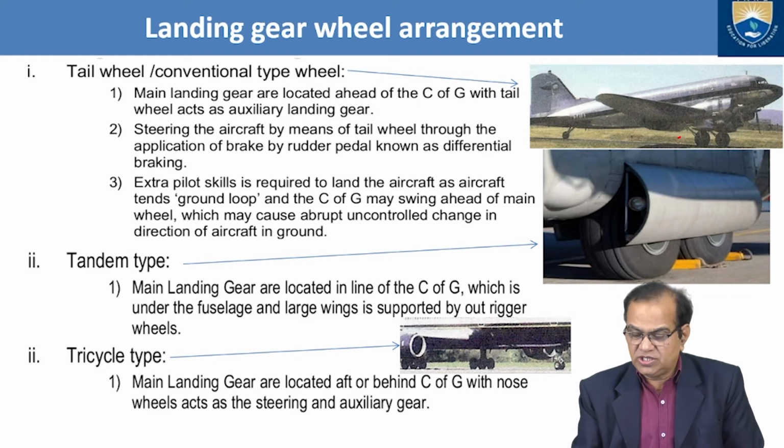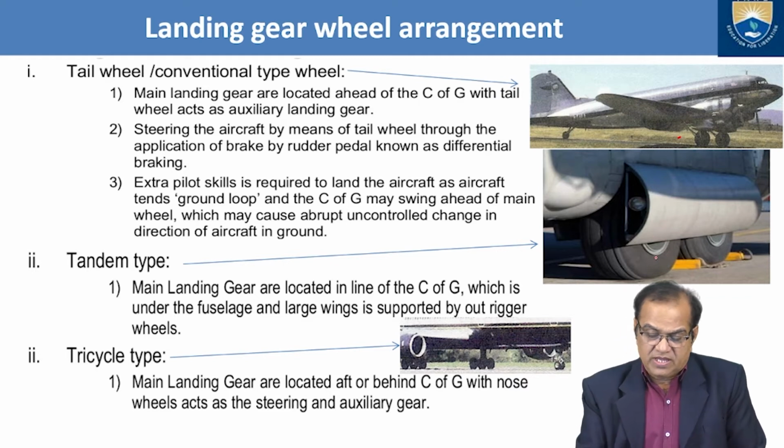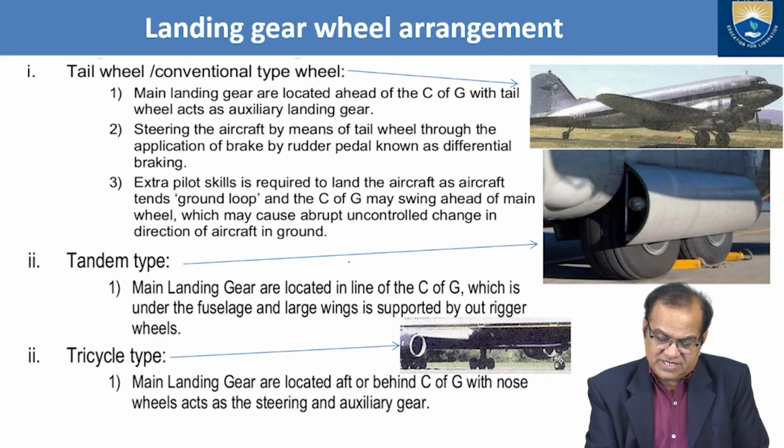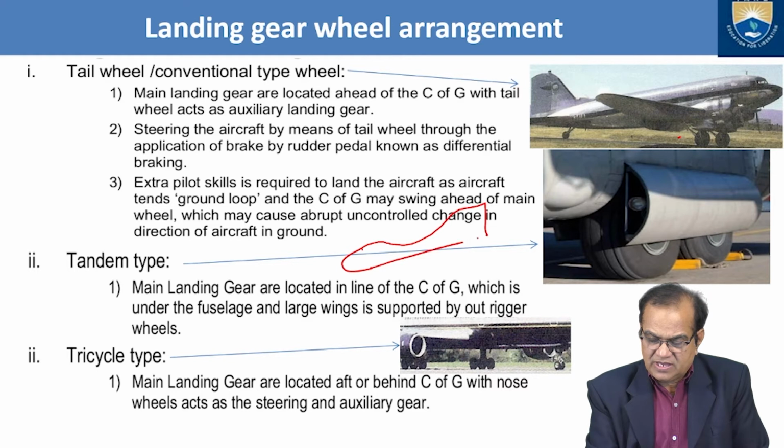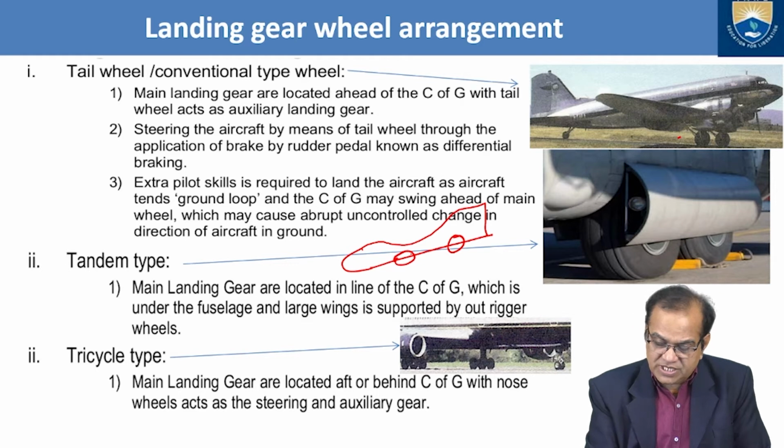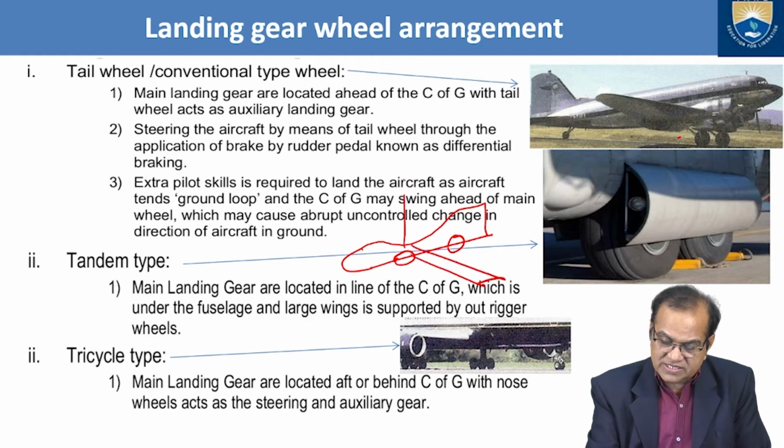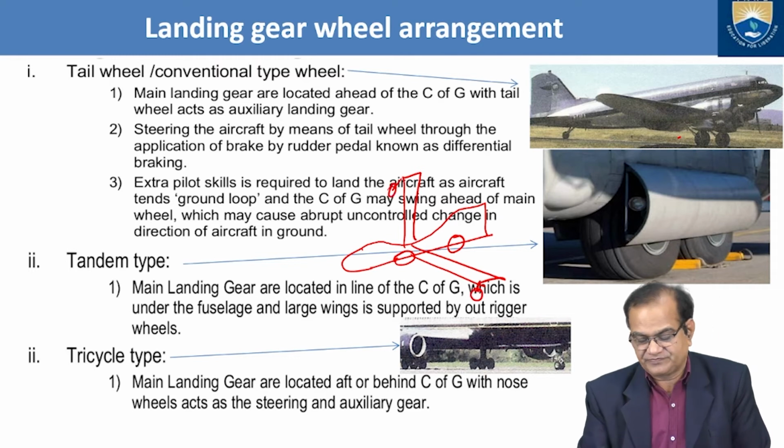outrigger wheels. So in this, what happened? It is not clear in this diagram, so I will show you. Here is one wheel and this is one wheel. But if you see, this is the wing and this is the wing, here also two wheels will be there. These wheels will support, but the main load is taken by the tandem wheels.